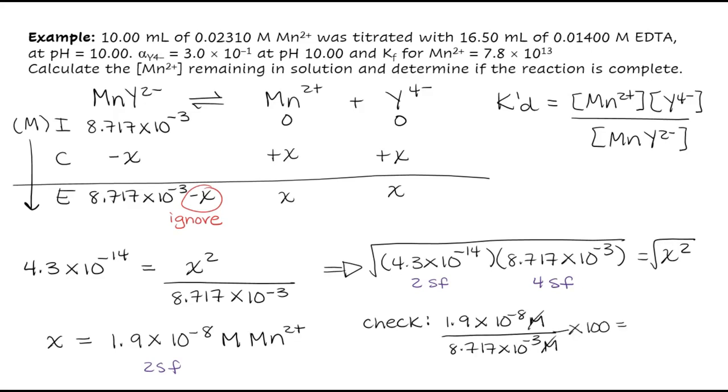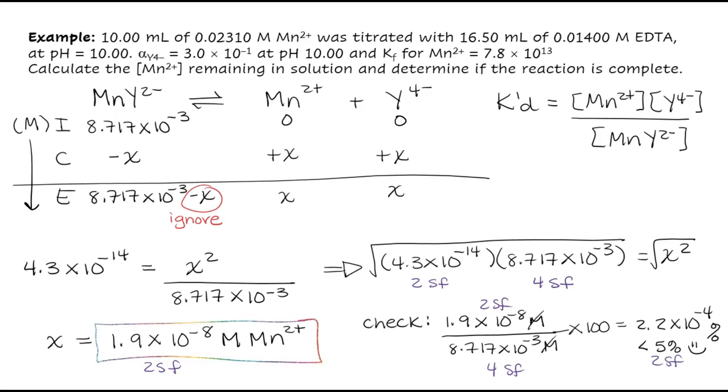So doing the math, 1.9 times 10 to the negative 8 divided by 8.717 times 10 to the negative 3 times 100, we need to round to 2 sig figs, and we get 2.2 times 10 to the negative 4%. So that tells us that our assumption is okay because it's less than 5%. So the molarity of the metal ion left in solution is 1.9 times 10 to the negative 8.